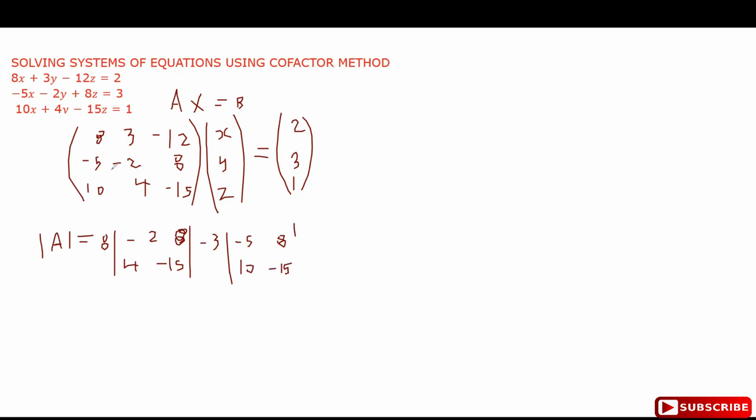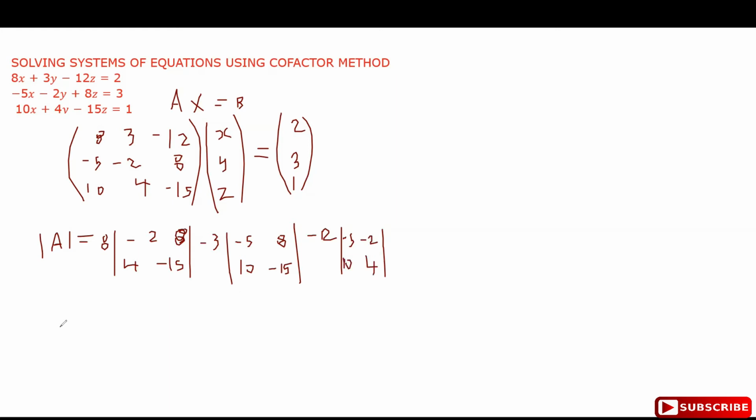Then cross that: minus 12 times minus 5, minus 2, 10, 4.